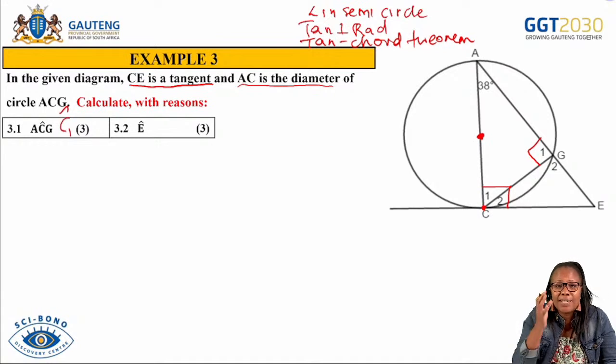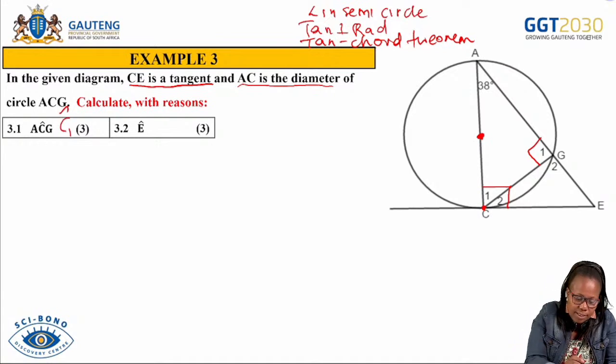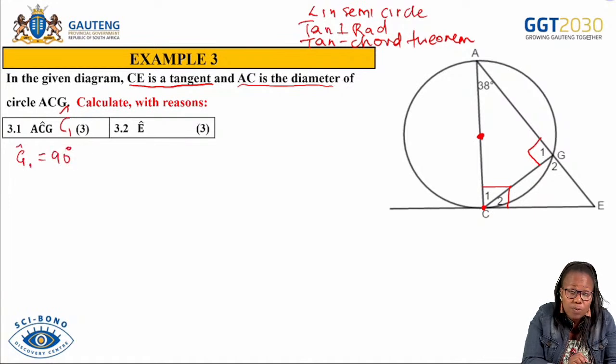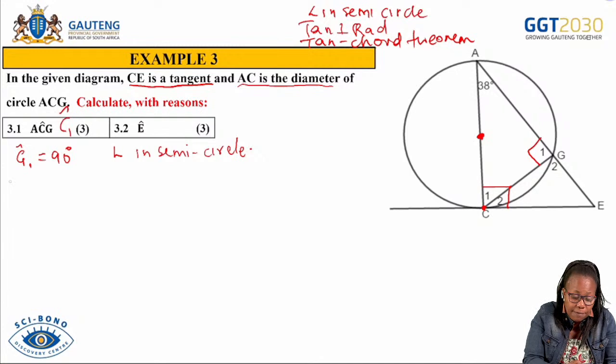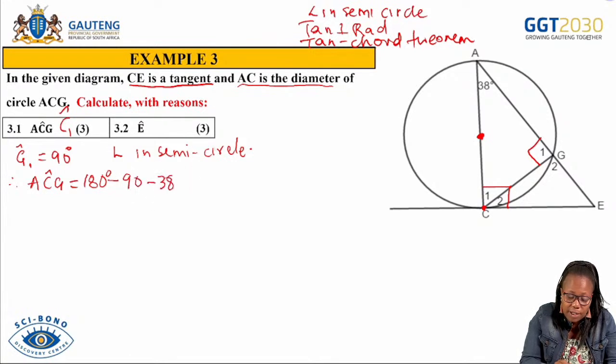But you must start by telling us that G1 is 90 degrees, because of the angle in a semicircle. Therefore, angle C1 will be equal to 180, from the sum of angles of a triangle, minus 90 for G1, minus 38 for A. Why?